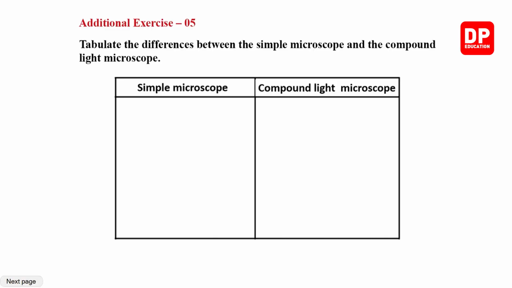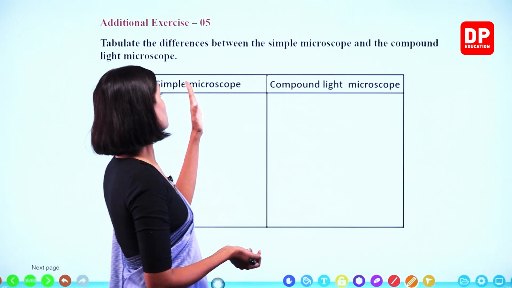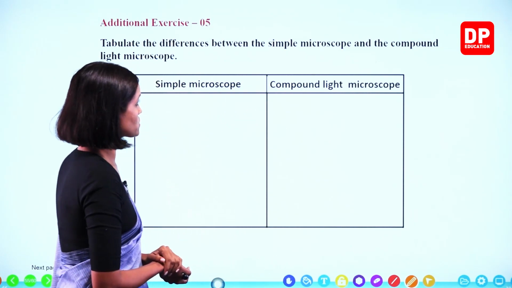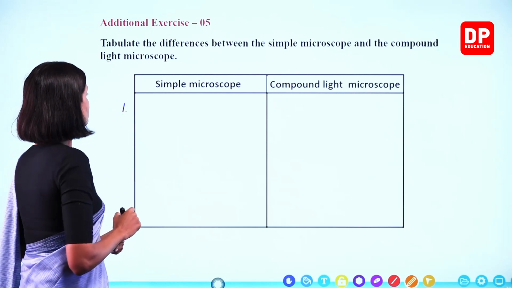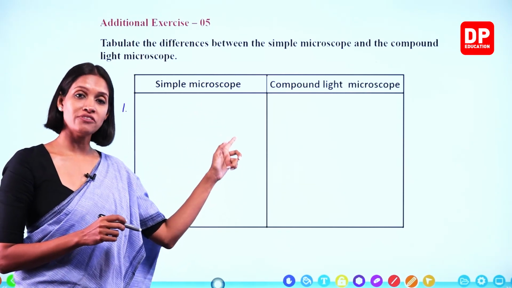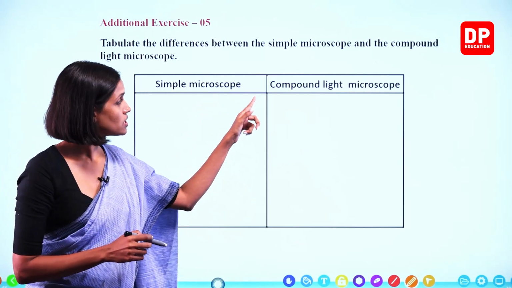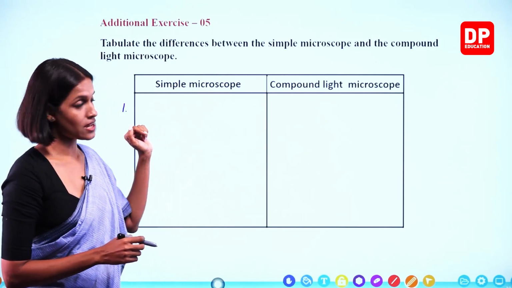Right. Number 5. Tabulate the differences between the simple microscope and the compound light microscope. We already did this. Therefore, this is very easy. So, this side simple microscope and this side compound light microscope. Let's write number 1. Here simple microscope, only one convex lens is used. Here 2 convex lenses are used, right?